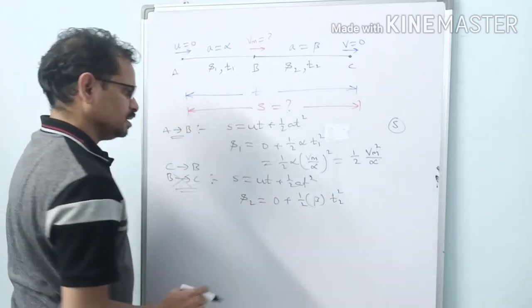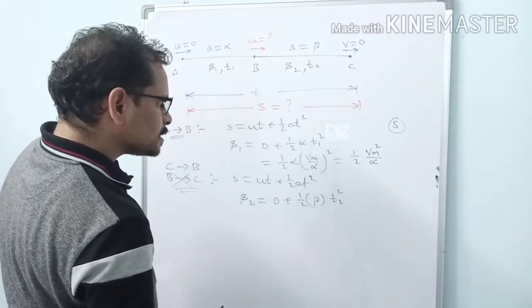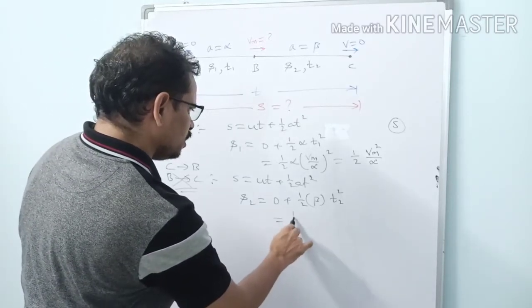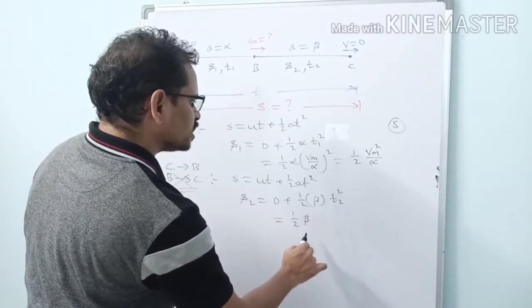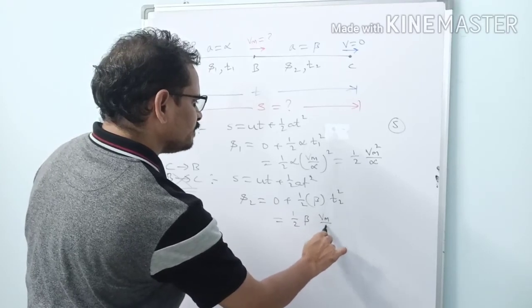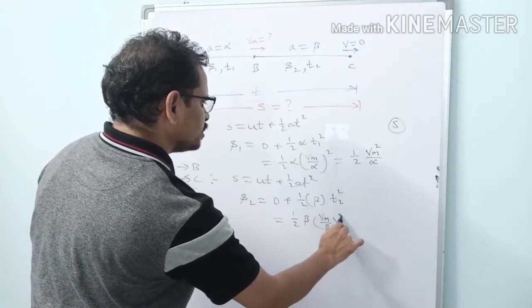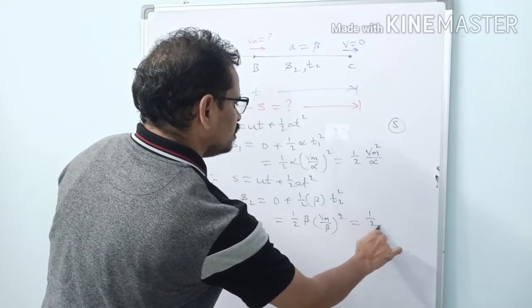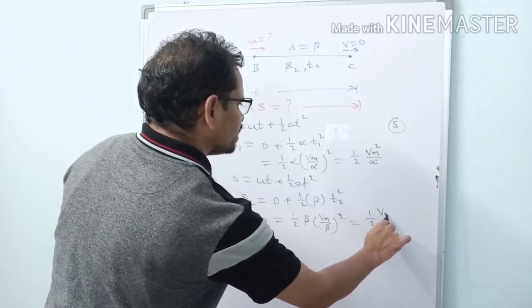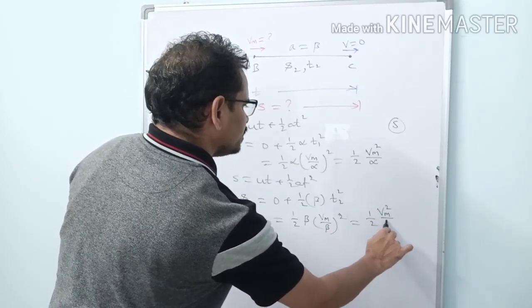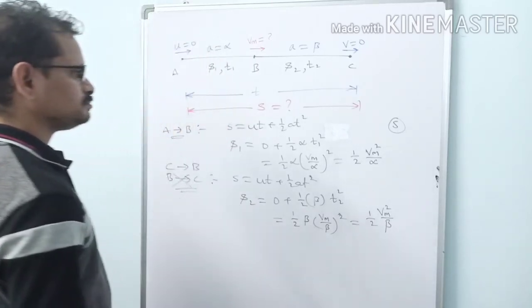So this is equal to half beta, what is t2? Vm by beta, whole square. So this is equal to half Vm square by beta. This is s2.